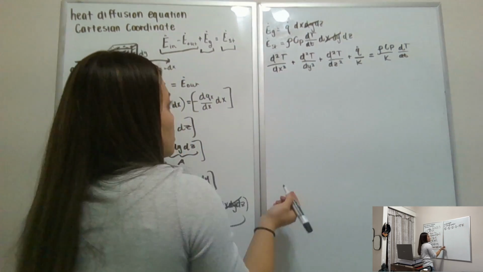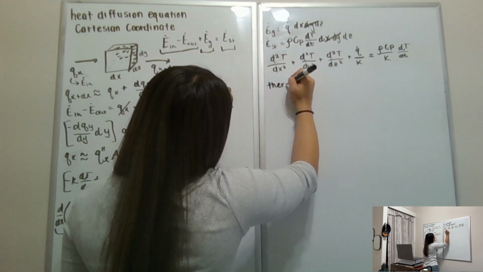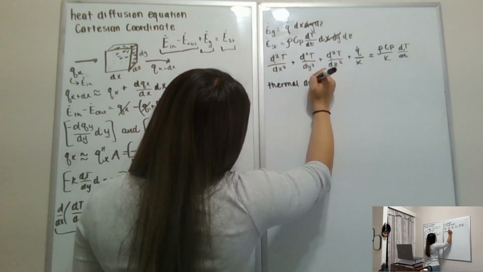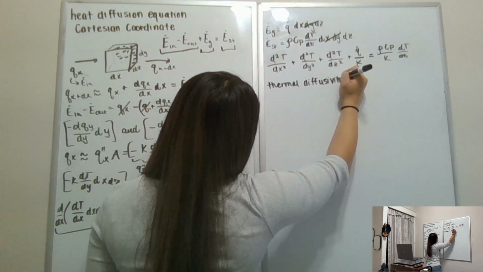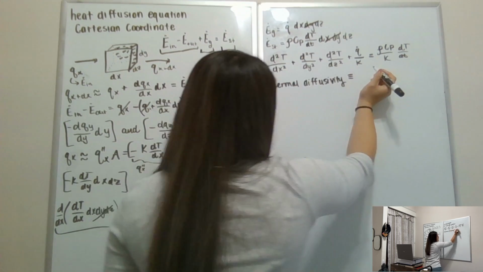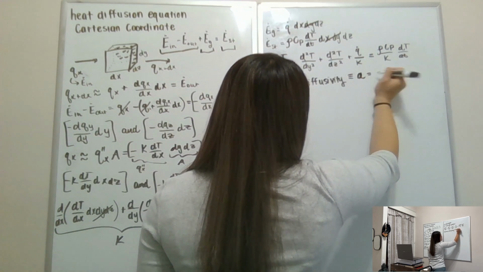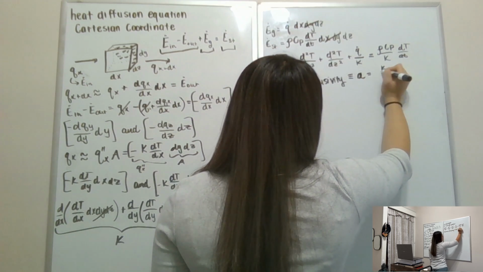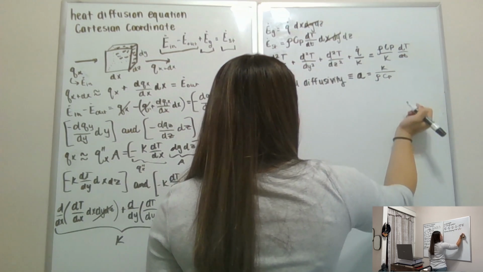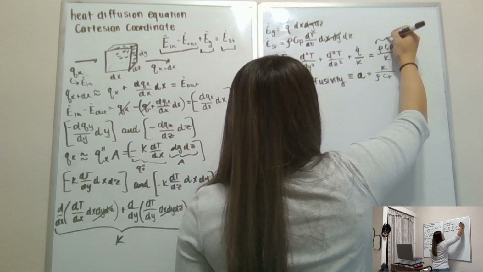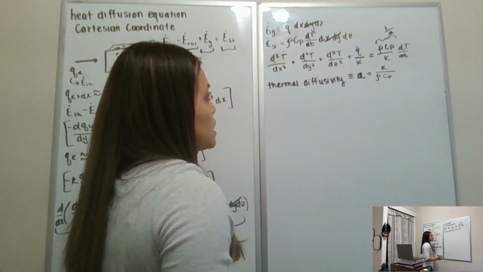If we remember, thermal diffusivity is defined as alpha, which is equal to K divided by density times heat capacity. So this value here is just 1 divided by the thermal diffusivity.